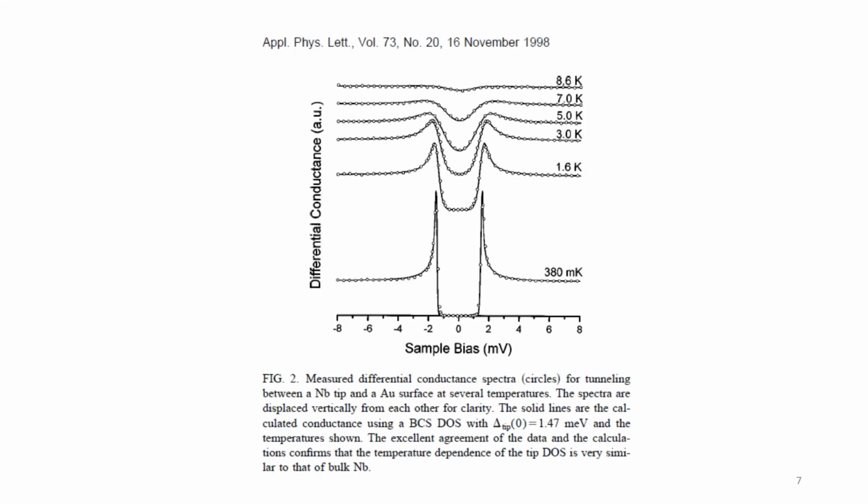Okay, let's go to the third defining property. As I said, one of the most perplexing properties. Here I show you the differential conductance which I was talking about earlier, the tunneling conductance. And you see essentially this is some observable that measures how many density of states are there in your system.